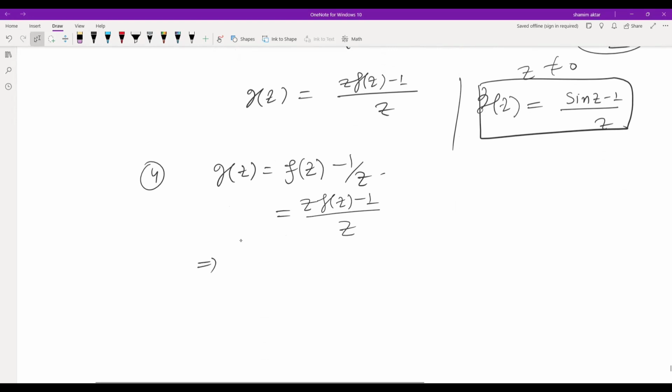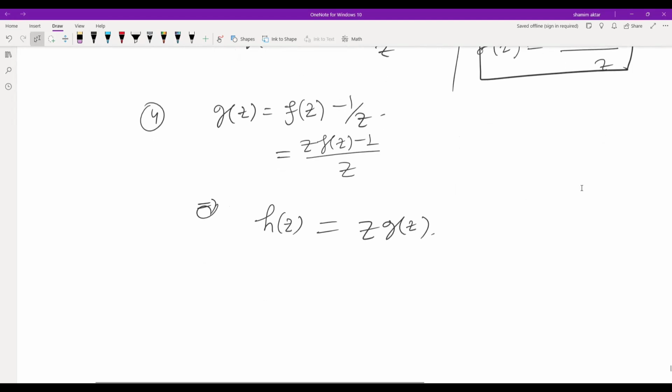First we choose h(z) = z g(z), which is equal to z f(z) - 1.